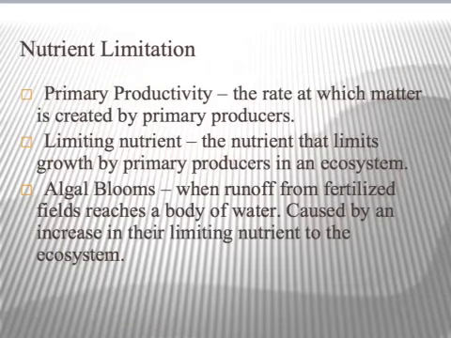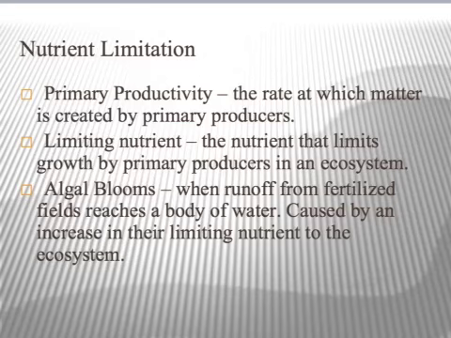Two more things I'm going to discuss briefly. Nutrient limitation. Again, these are all the cycles that we're talking about: the carbon cycle, the nitrogen cycle, and the phosphorus cycle. There are certain limits to the amount that there is, and the form and how usable it is to organisms. Primary productivity is the rate at which matter is created by primary producers.